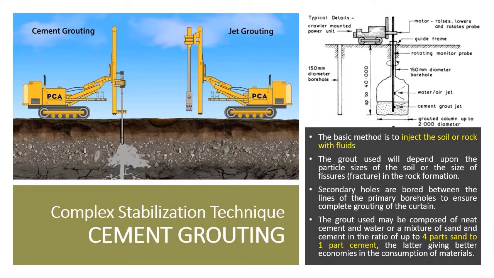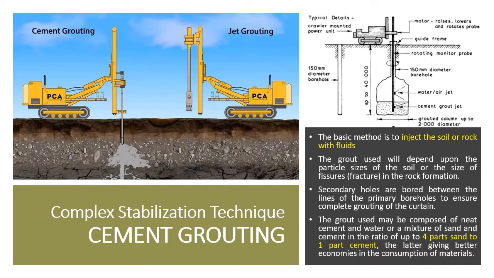Complex stabilization technique: cement grouting. Cement is a mortar which, when mixed with water, can thicken and harden both in air and in water. It is mainly an excellent hydraulic mortar which combines high hydraulicity and strength. Common Portland cements are mainly used for permeation grouting.